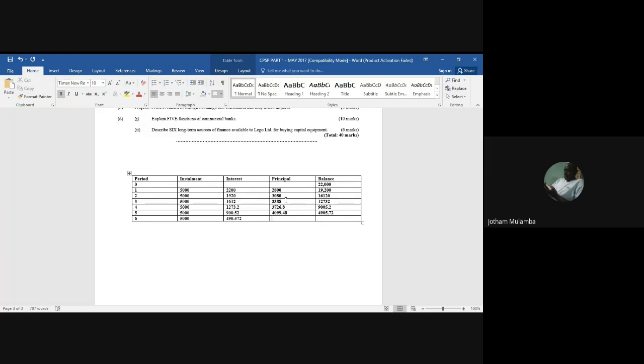So 5,000 minus 490.572 is 4,509.428. Now, let's get the balance on the loan.